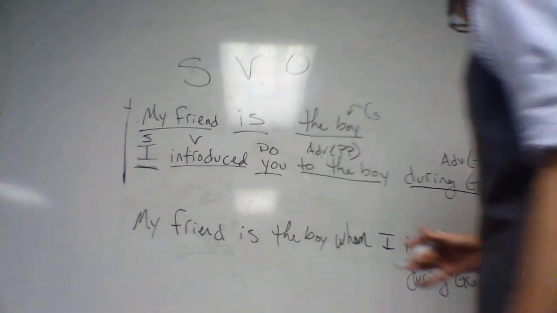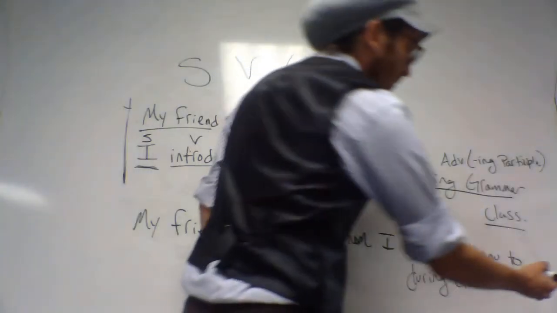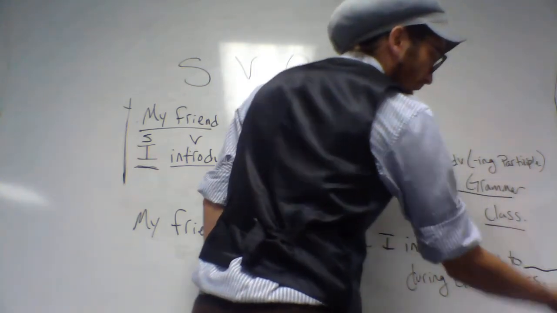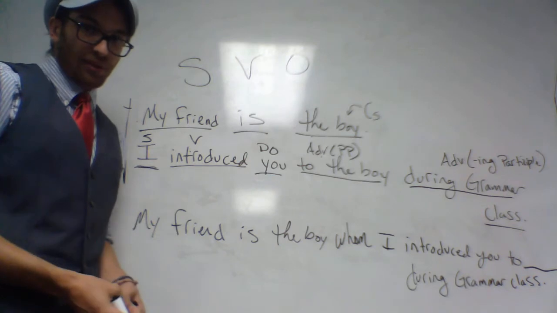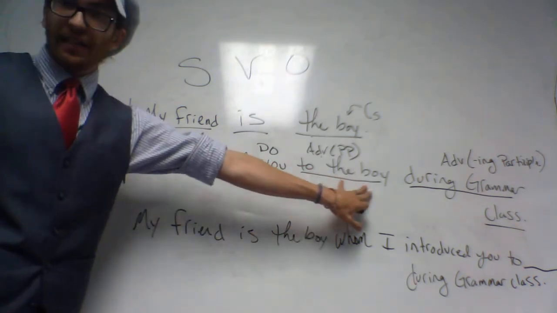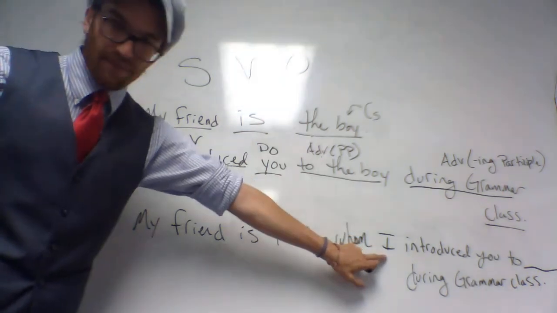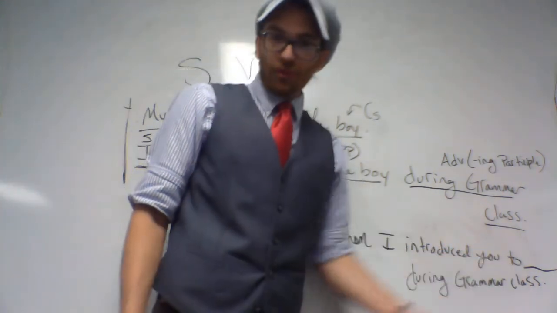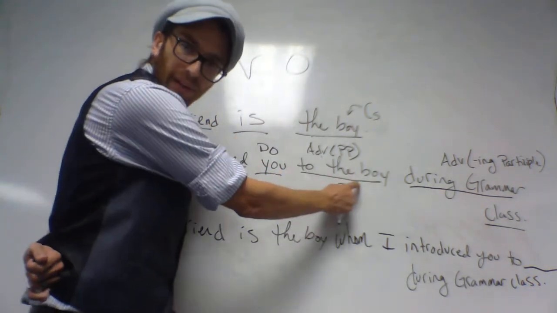Okay. You notice in the statement here, we do not have the direct object being copied and pasted essentially, right? It's missing. The boy is missing from this statement, you see? I introduced you to whom? Well, of course, whom is the boy, right?